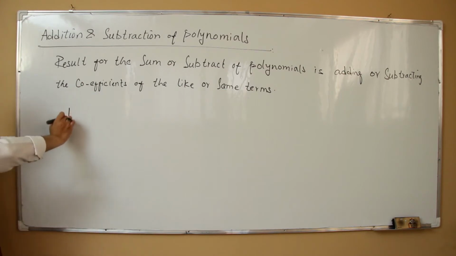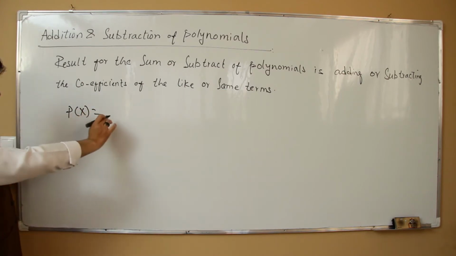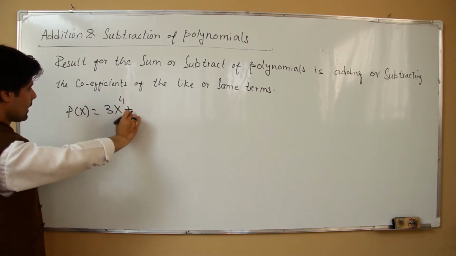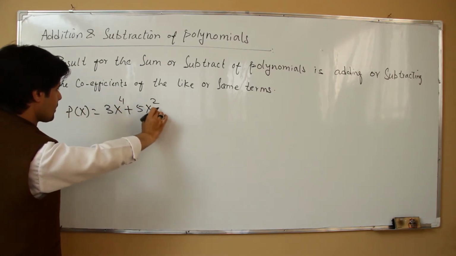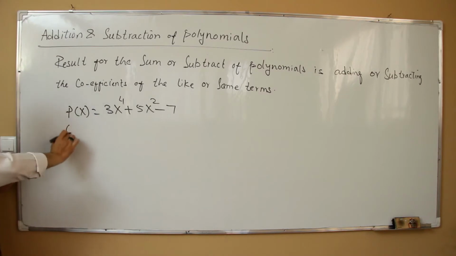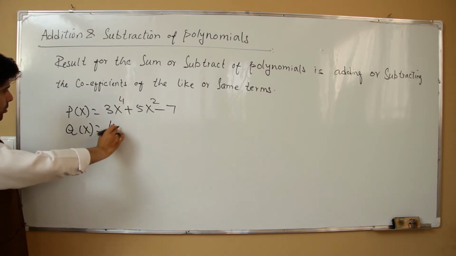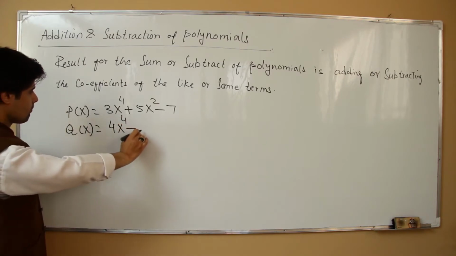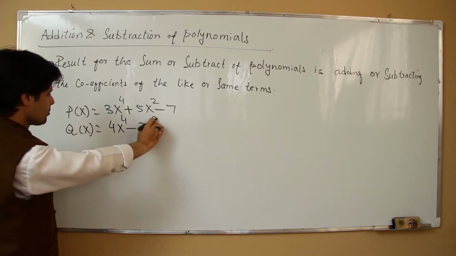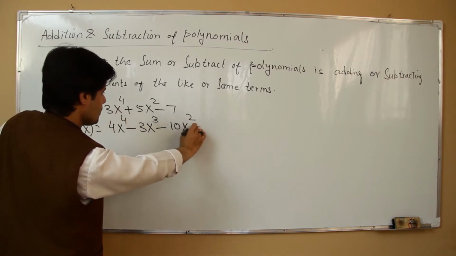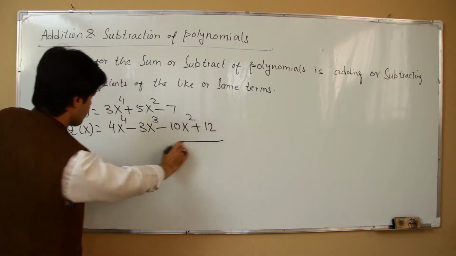For example, we have P(x) equal to 3x to the power 4 plus 5x squared minus 7. We have Q(x), it is 4x to the power 4 minus 3x cubed minus 10x squared plus 12.